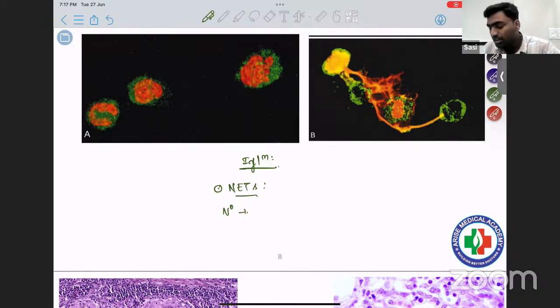So it is known as neutrophil extracellular traps. And after this, the neutrophil will die at the end. You just remember this image. It has a high probability to be asked in your exams.